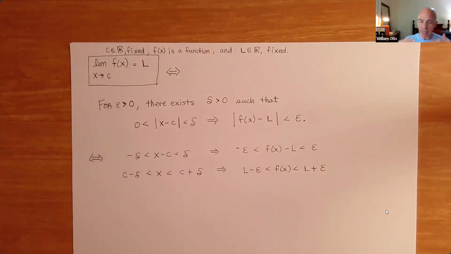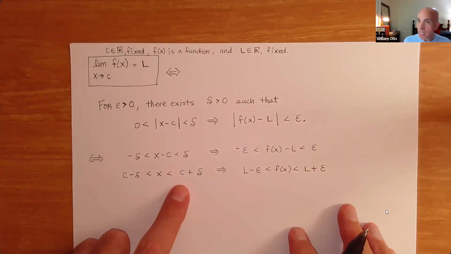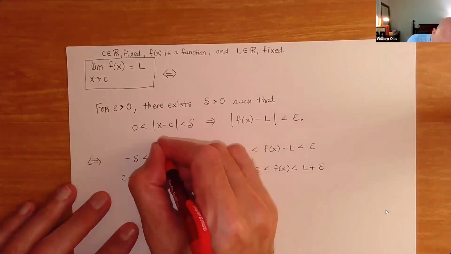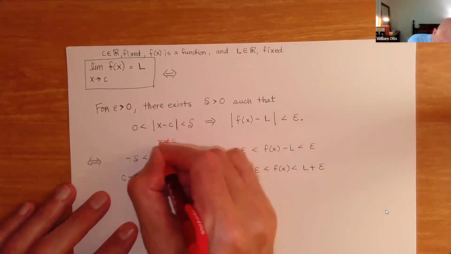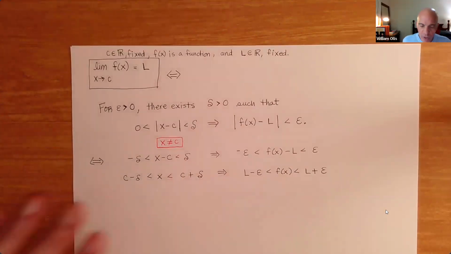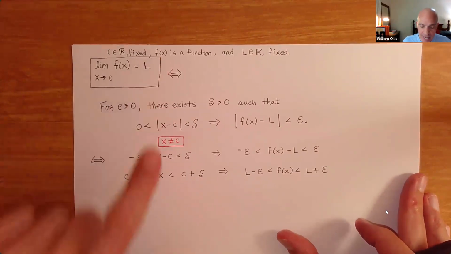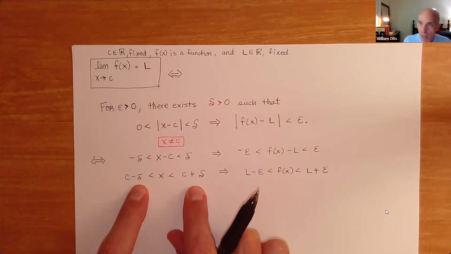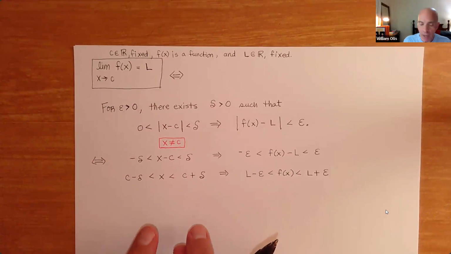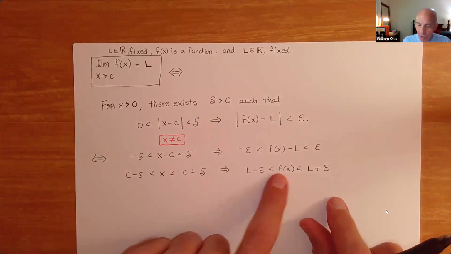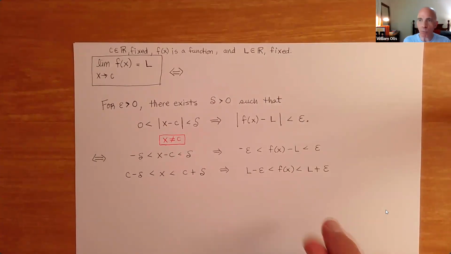But in the general context, we have the value of X approaching C from either side, but remember the caveat: X does not equal C. So what we're looking at here, since this is a function, the tacit assumption is that the values of X here actually are in the domain of F, but we're not saying anything about C. If we're approaching C from either side, then we're getting values of the function that make sense, but we're not saying anything about C being in the domain of F.